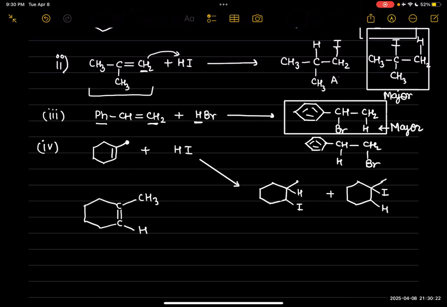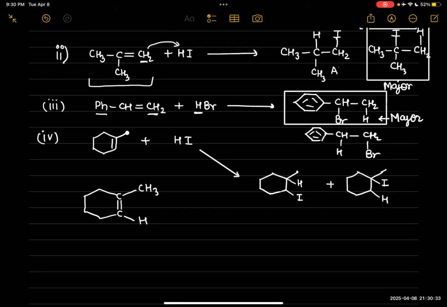Yes, sir. So now, as per Markovnikov rule, what should I do? Where should I put H? Rich gets richer. Zainab, so where should I put H? On the top carbon or on the bottom one?